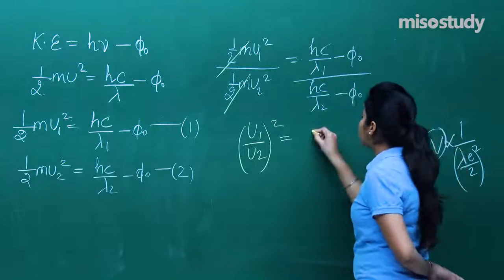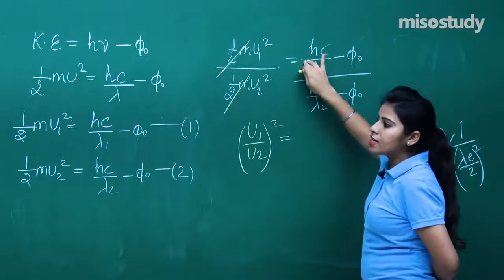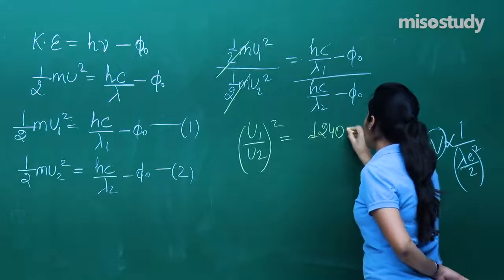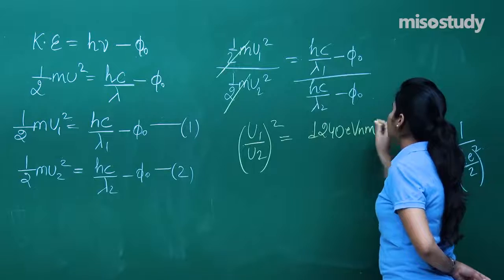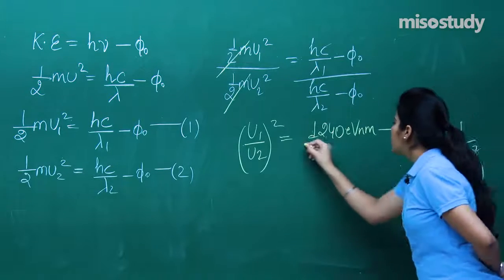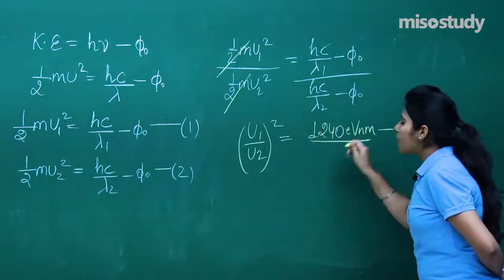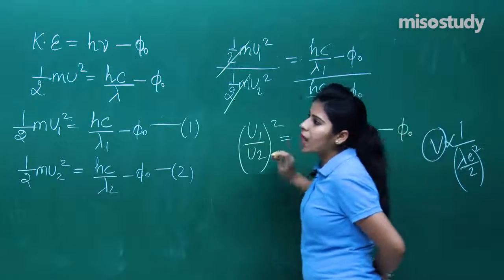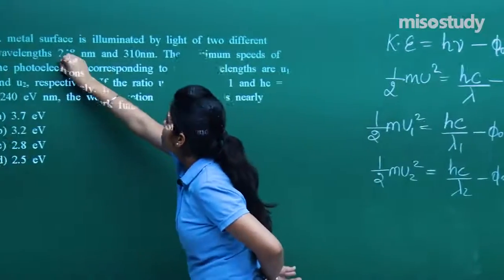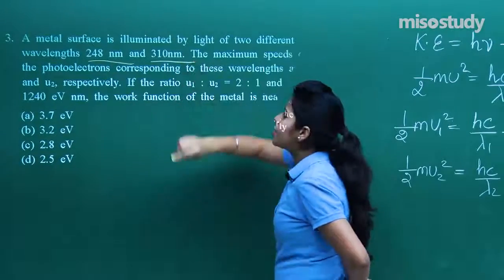But first of all, the value of hc that has been given in the question is 1240 electron volt nanometer, minus phi naught, and we have to find the value of phi naught, divided by the wavelength. In the question, wavelength has been given as 248 and 310.